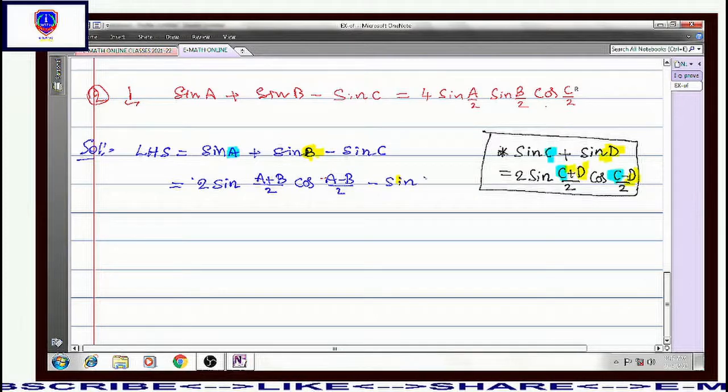Is it fine? Now next step, and this is all from the triangle.